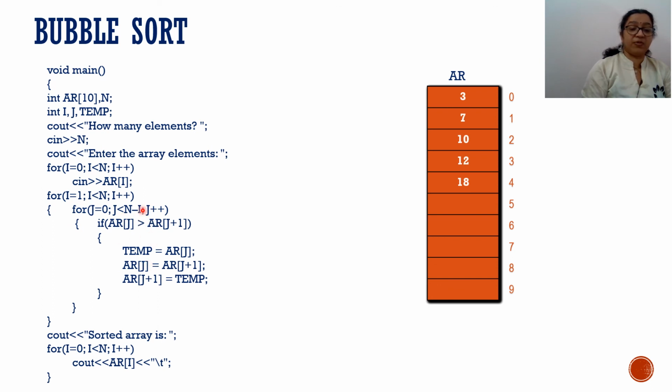That's why I put i here, n minus i times. If i is 1, 1 we can skip. If i is 2, the last 2 elements we can skip. If i is 3, last 3 elements we can skip. So that's how we can put the condition here, j less than n minus i times. Okay, clear now? This is called bubble sort.